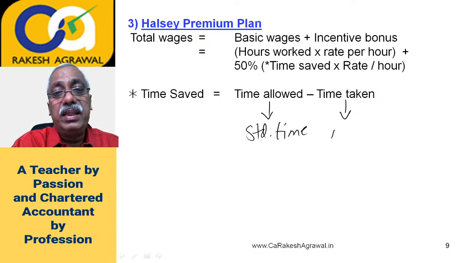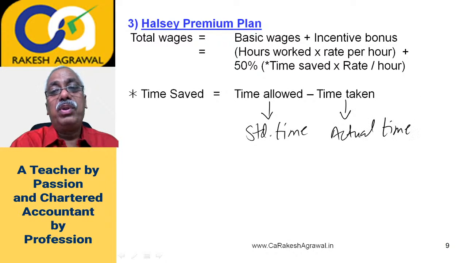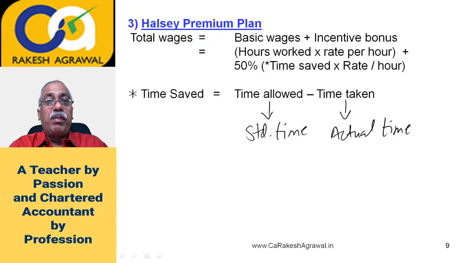And time taken is nothing but your actual time. Suppose time allowed for a particular work was 10 hours, and a worker did that work in just 8 hours. So a 10 hour job done in 8 hours means the worker has saved 2 hours. That is how the logic goes. So time saved is time allowed minus time taken.